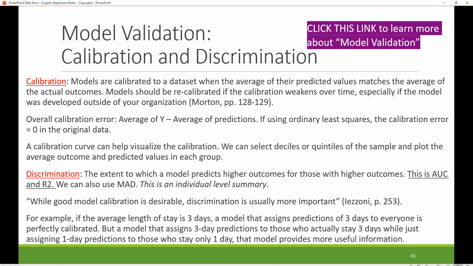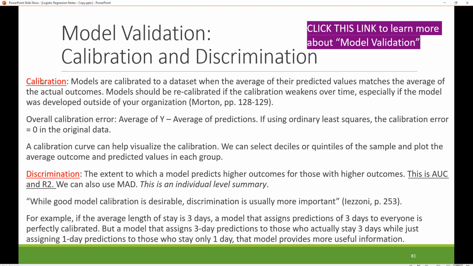So we develop the model on, say, half the data, and with the other half we test out those predictions on that second set of data, and that gives us a good idea of how well it will perform in the future. So we have two different things that we look at.